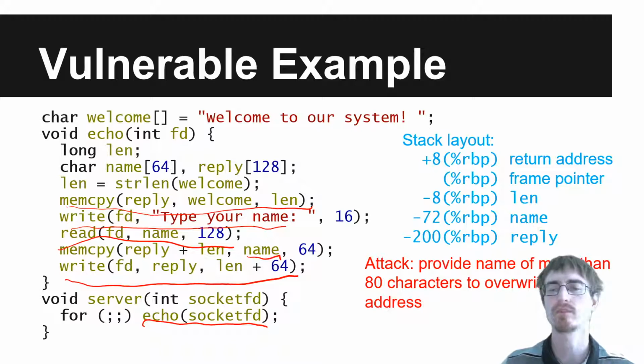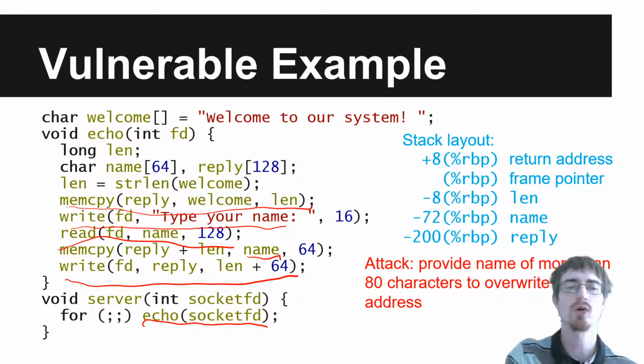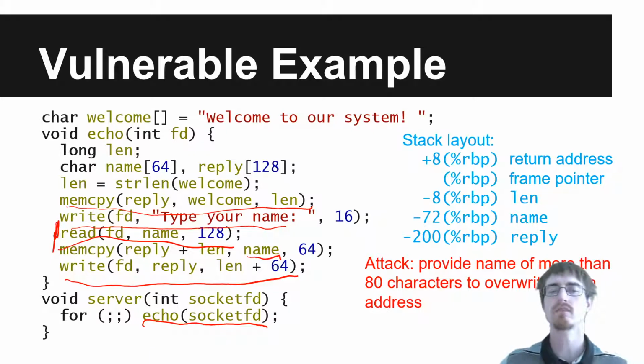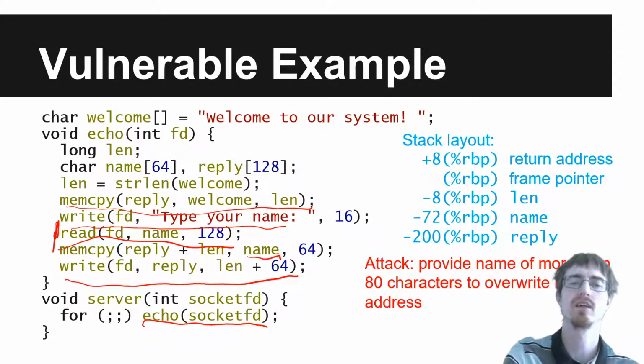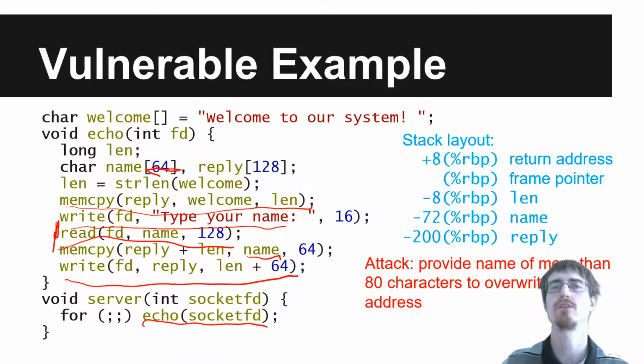Now, the attack, as I mentioned, is to provide a name of more than 80 characters. Why is this? The read call reads 128 characters into the name, but we only store 64 characters, so anything over the 64 goes over the end of the name.